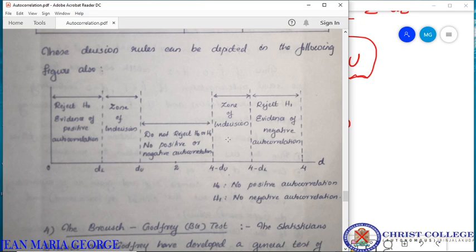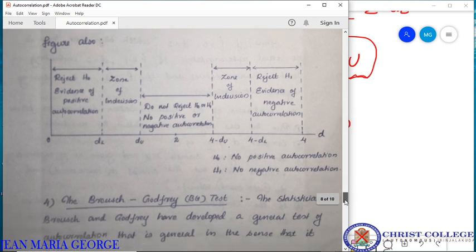If it lies between 4 minus dU and 4 minus dL, it is the zone of indecision. We cannot make a proper decision. If the value lies between dU and 4 minus dU, that is the central part, we do not reject H0, or no positive or negative autocorrelation. There is a possibility of no autocorrelation in this middle portion. So this is the decision rule that we can make based on the D statistic.